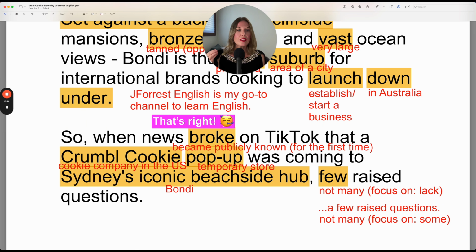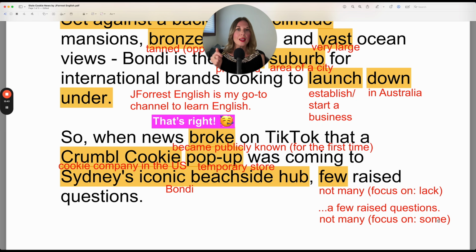So it sounds like not many people raised questions, which is a positive thing. If people raise questions, it means, why is this happening? I don't know why this pop-up is coming. We don't need this pop-up. So the fact that there's a lack of people raising questions is a positive thing. If it said a few raised questions, this also means not many, but the focus is on some.